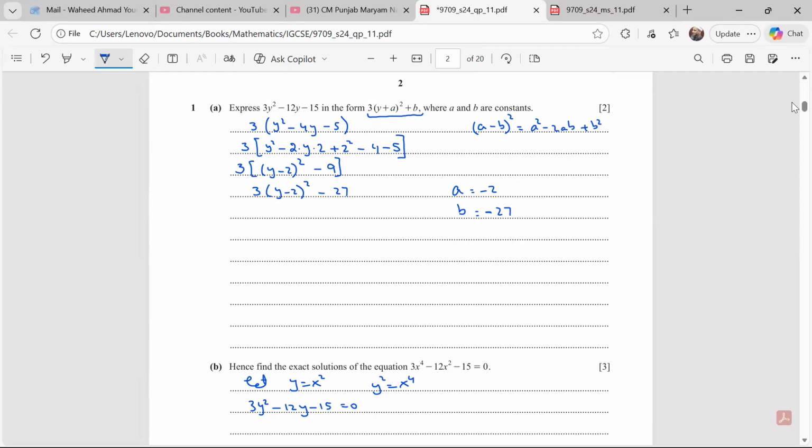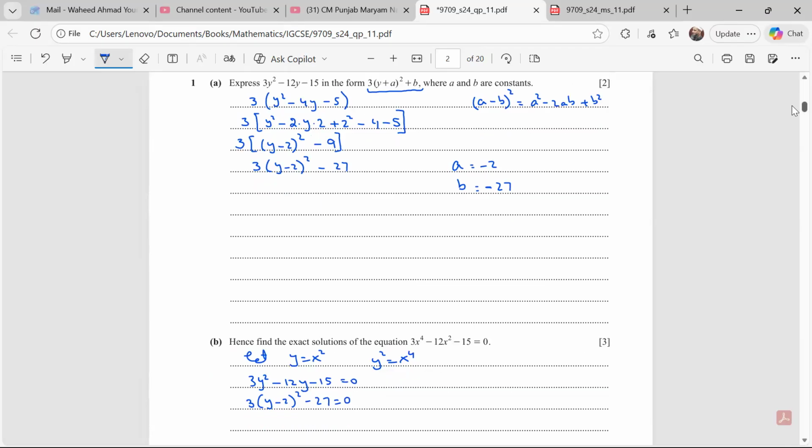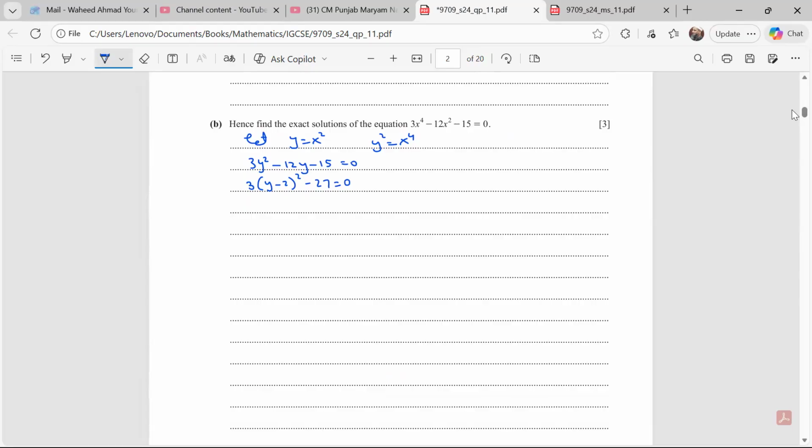And I know that I can write it as 3 times y minus 2 square minus 27 equal to 0, right? And this is not too difficult to solve. You can see y minus 2 square would be 27 over 3, which is 9.